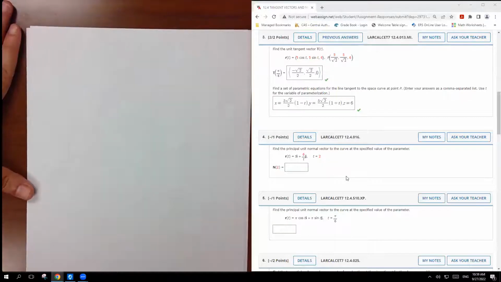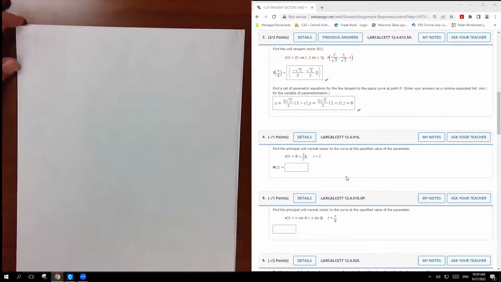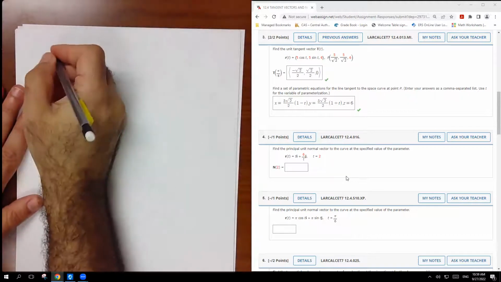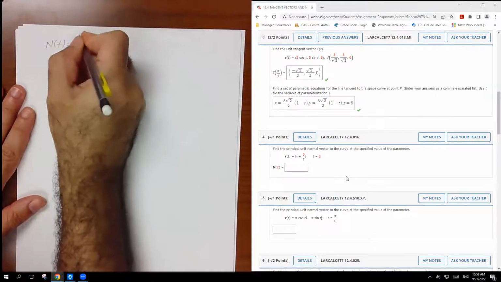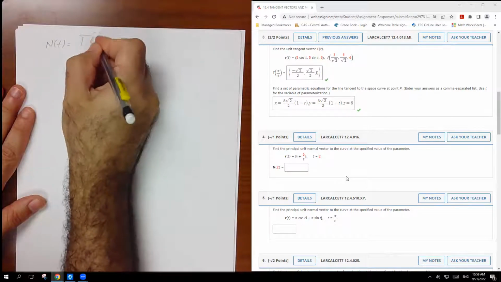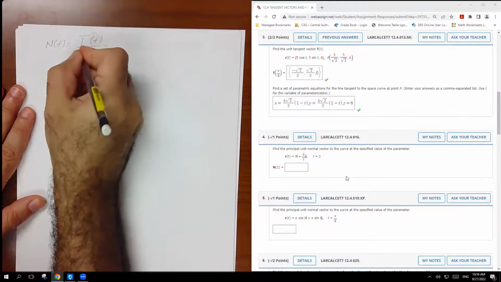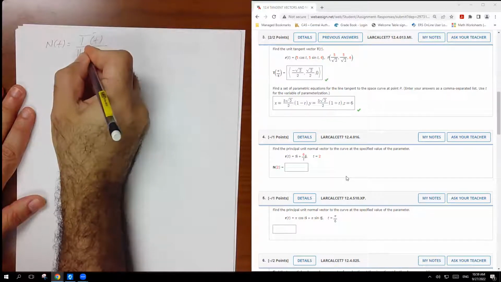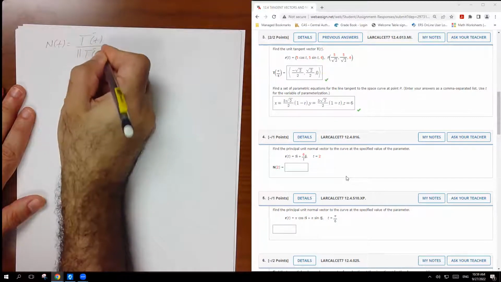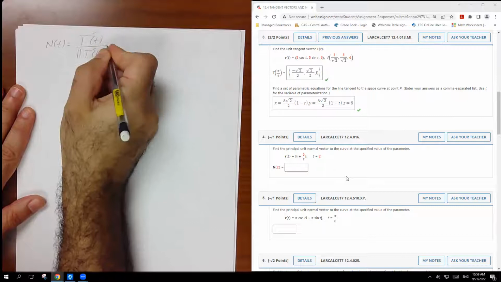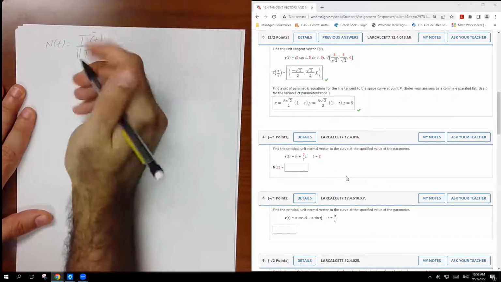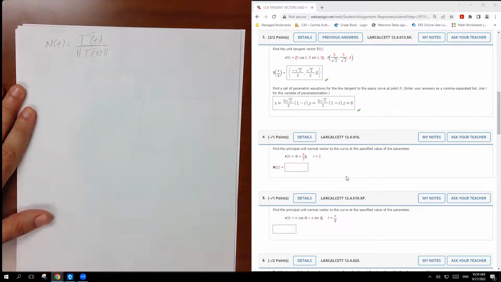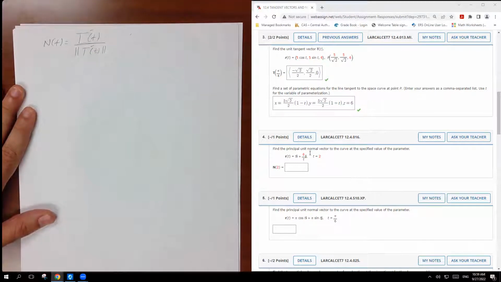Example 4: find the principal unit normal vector. The formula is that the principal unit normal N with respect to t is the derivative of the tangent vector over the length of the derivative of the tangent vector. The same thing here, they ask you to find it at t equals 2.